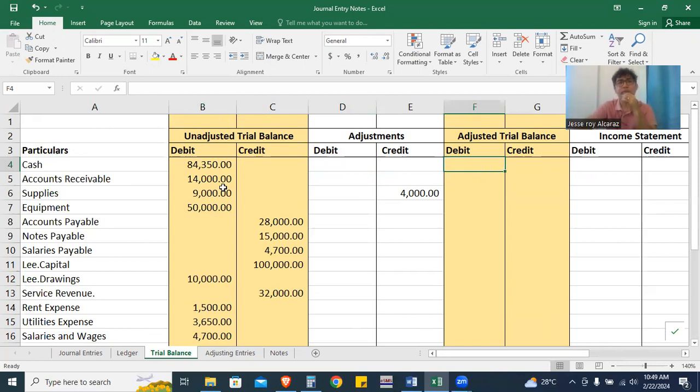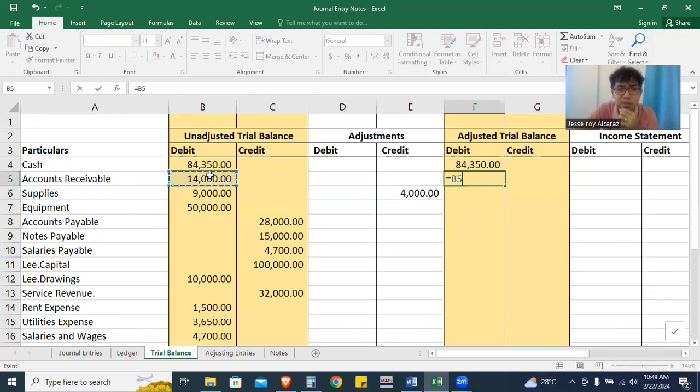However, if they have different balances, like for example, in supplies, it is debit here and credit here, then we deduct the adjustment. And the remainder will be carried over to our adjusted trial balance. Okay, so let's start. For the cash, no adjustment. Copy only. Accounts receivable, no adjustment.